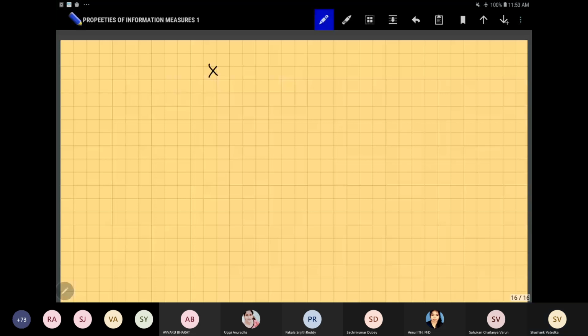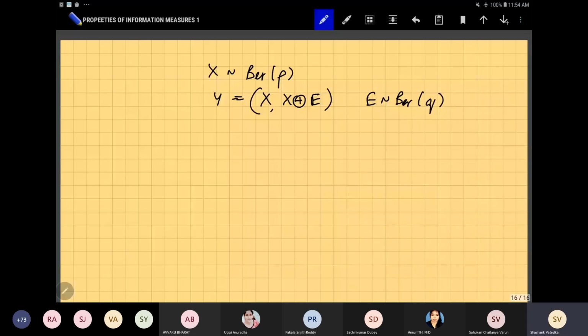Let us say this is Bernoulli P. And maybe y consists of x and x XOR e for some Bernoulli random variable e. Maybe it is Bernoulli q.